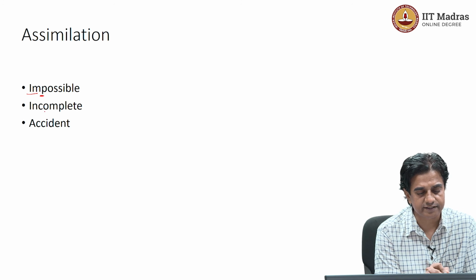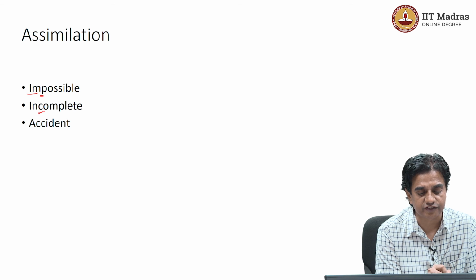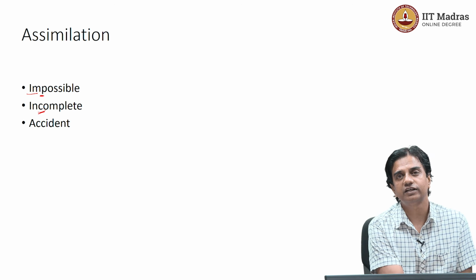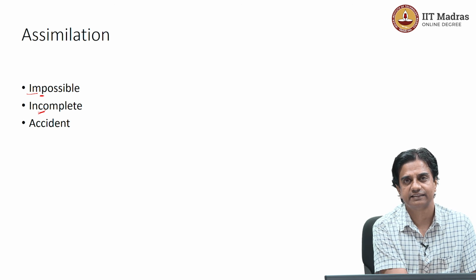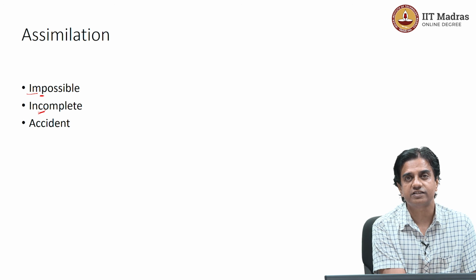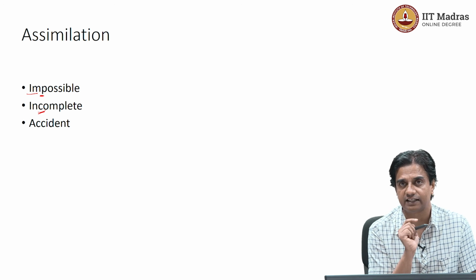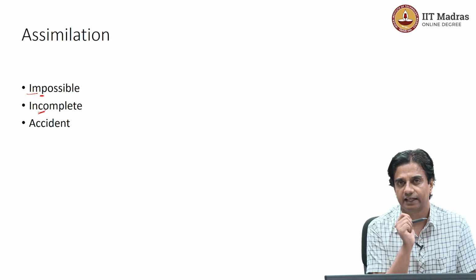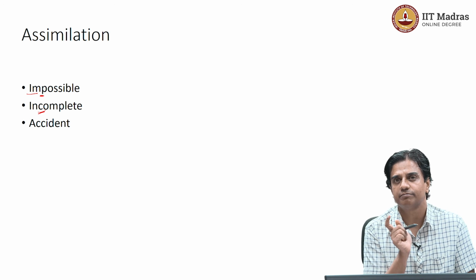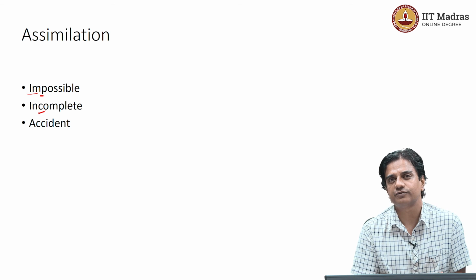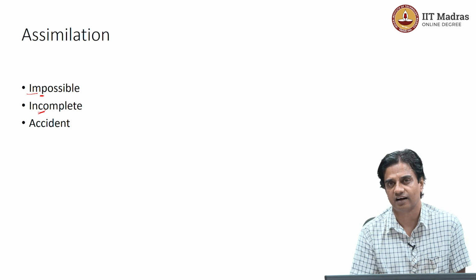Same thing happens when it precedes a velar consonant. Say the word incomplete. This word has a negative prefix in it, and then the word is complete. So the first sound of the word complete is ka.